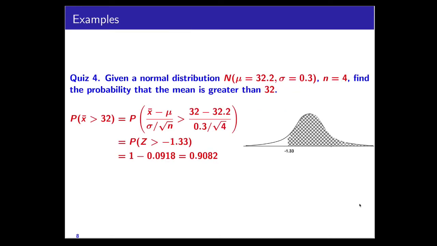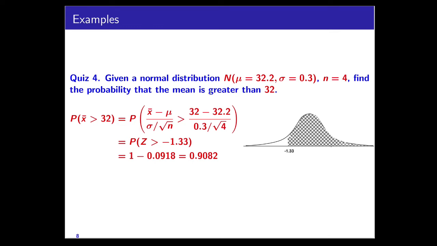Let's see some examples. The first example is from quiz number 4. Given a normal distribution with mean mu equal to 32.2, sigma equal to 0.3, and n equal to 4, find the probability that the mean is greater than 32.